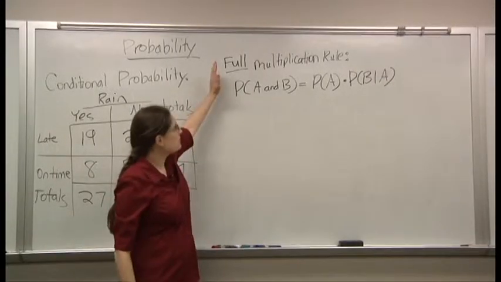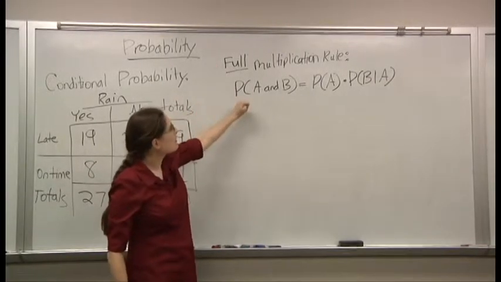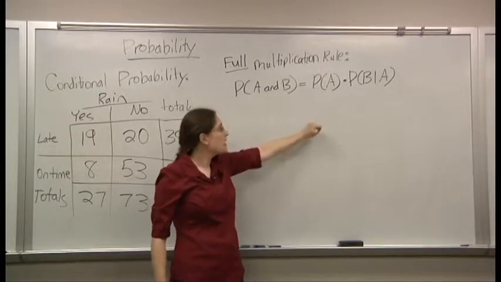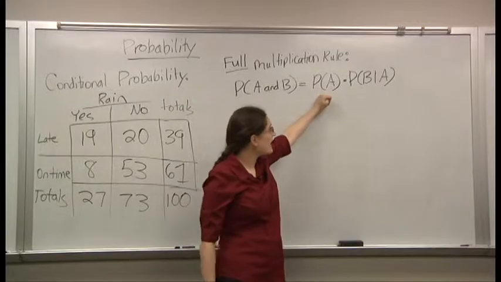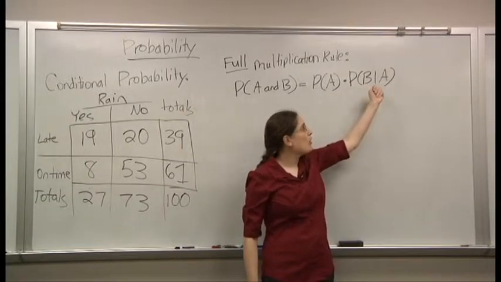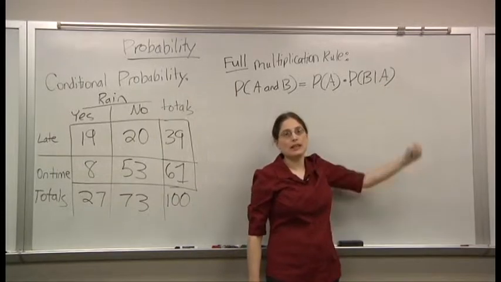The full multiplication rule says that the probability of A and B both happening is the probability of A happening times the probability that B happens when you know that A already happened.